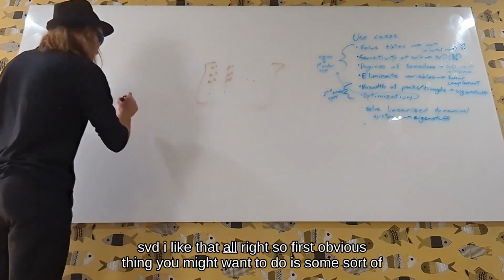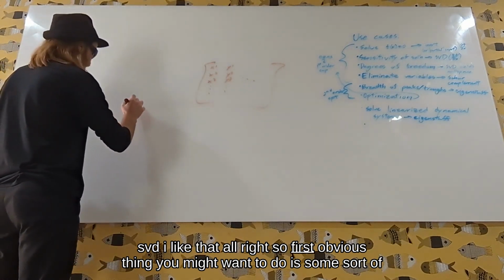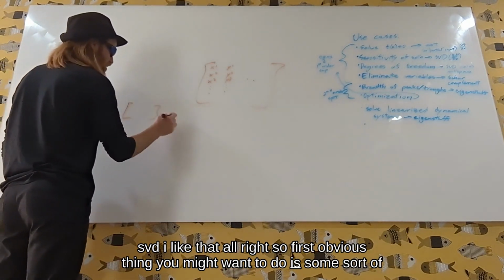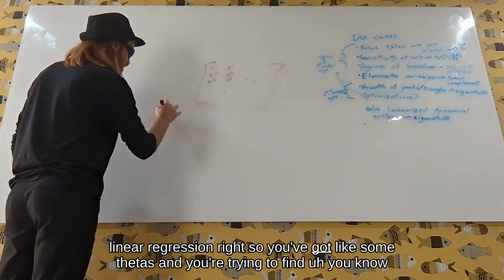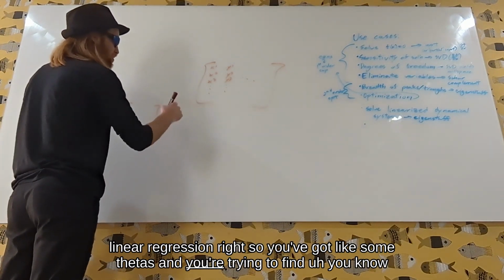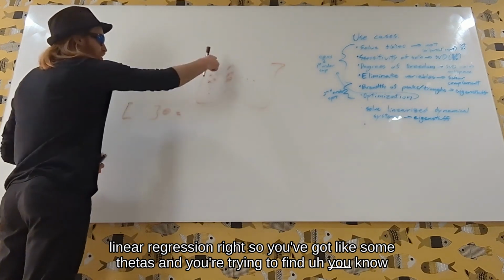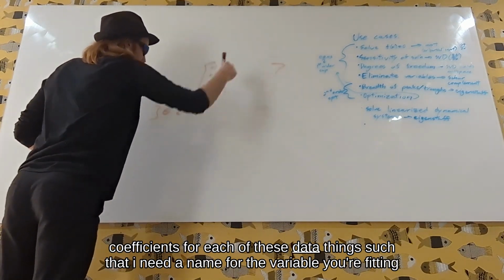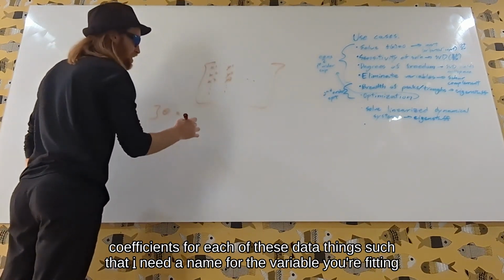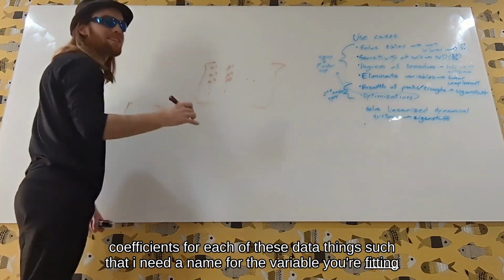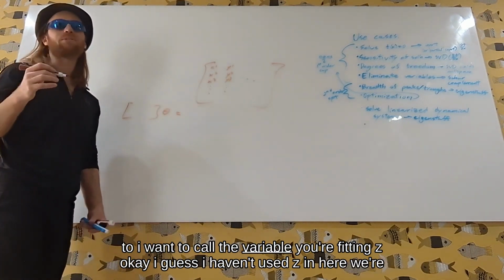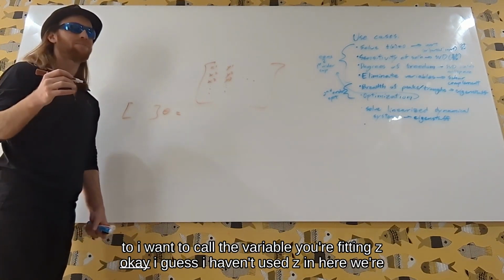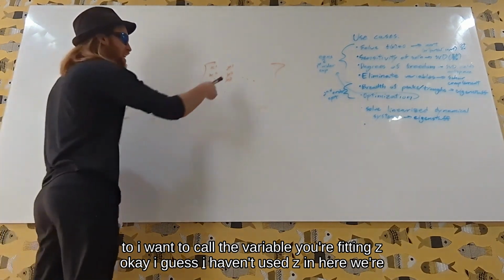I like that. All right, so first obvious thing you might want to do is some sort of linear regression, right? So you've got some thetas, and you're trying to find coefficients for each of these data things, such that it fits the variable you're fitting to. Call it Z. I guess I haven't used Z in here yet.